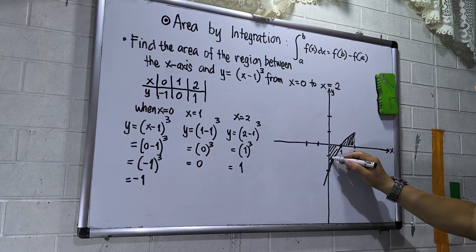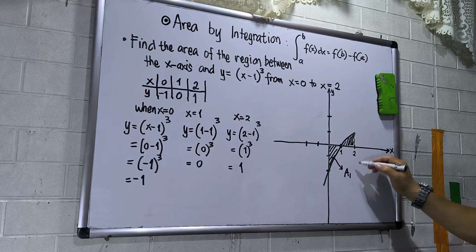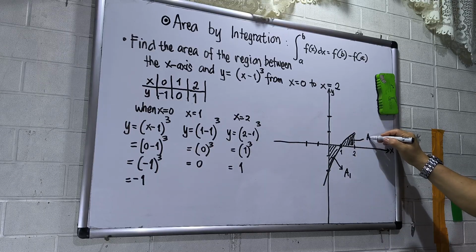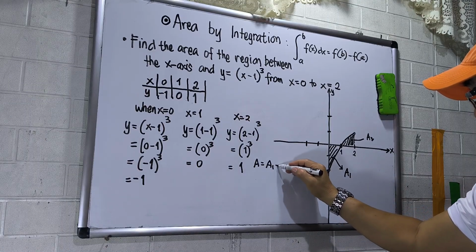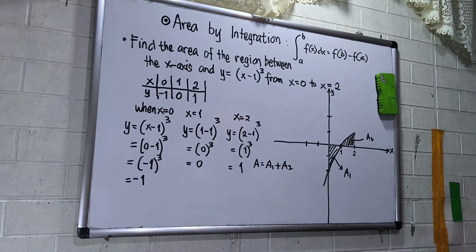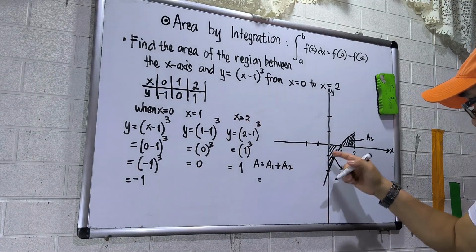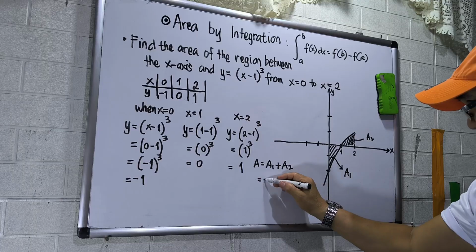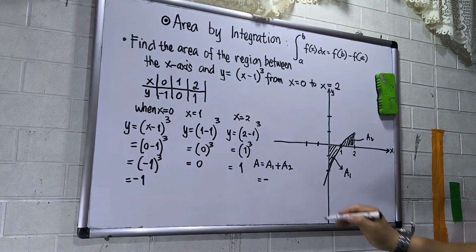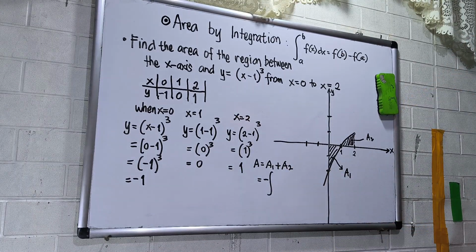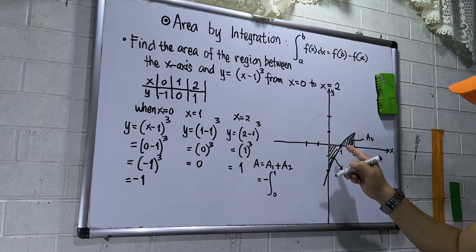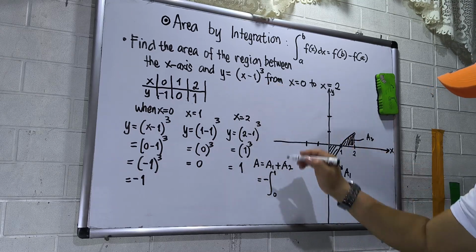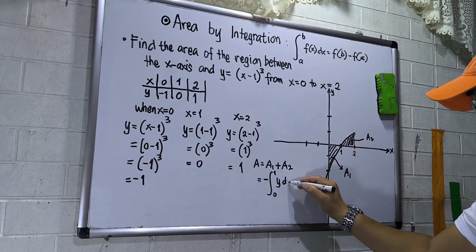So take note, there are two areas. So we have area 1 and then this one will be area 2. Okay, so area is equal to area 1 plus area 2. Okay, area 1. So take note, this is below the x-axis, so meaning this is minus the integral from 0 to 1 of y dx.